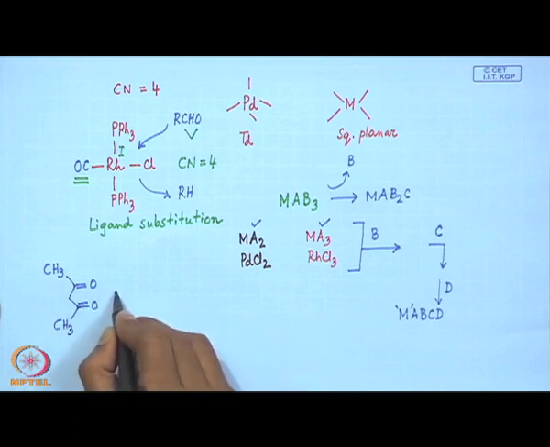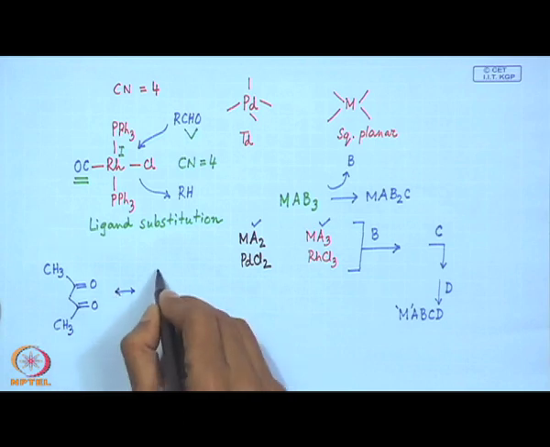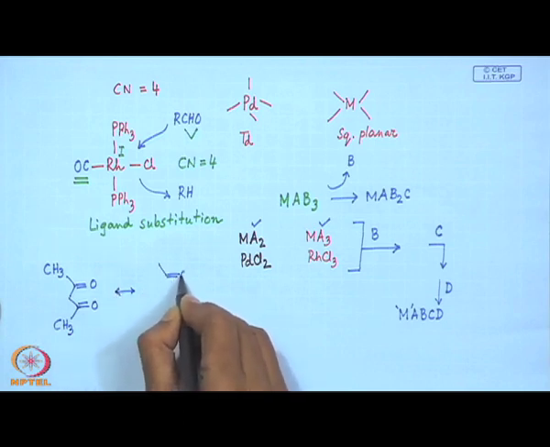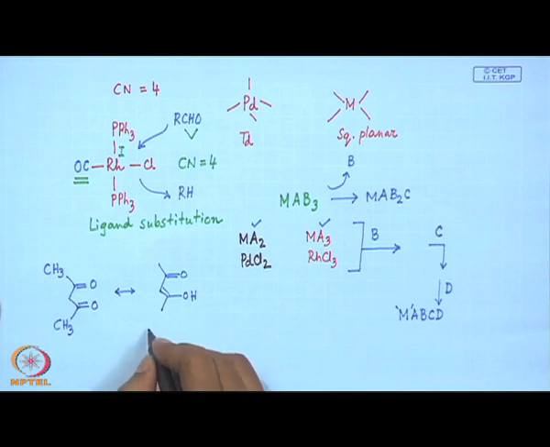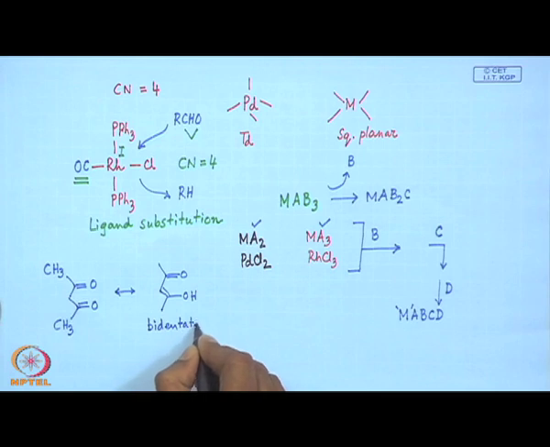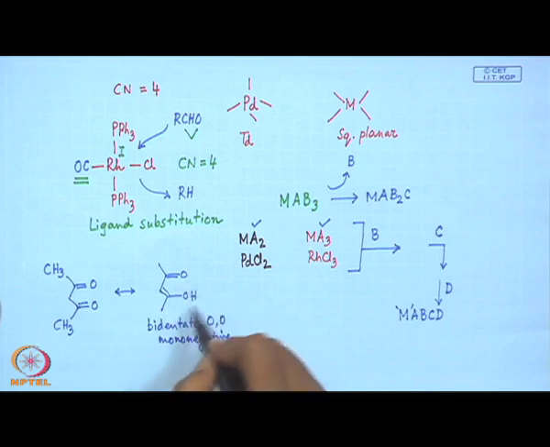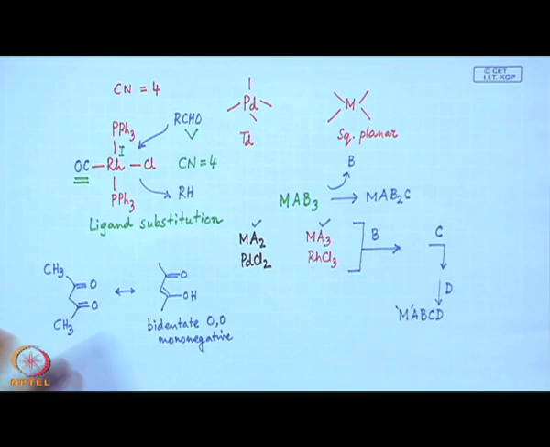So, it basically goes for enolization, and the keto-enol tautomerism can give us some bidentate mononegative donor ligand. After deprotonation, this will give rise to an OO minus ligand.